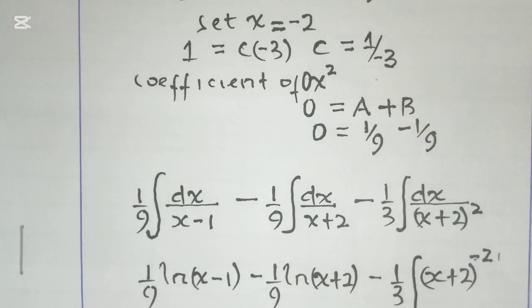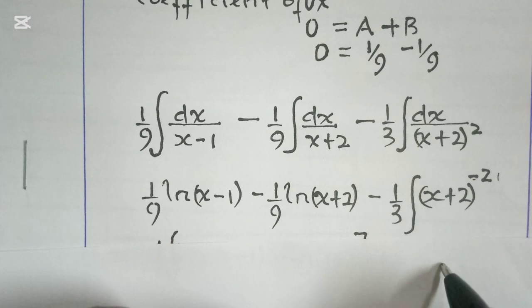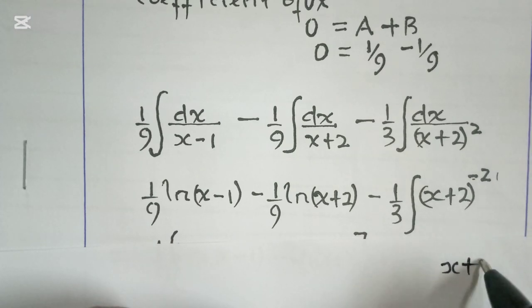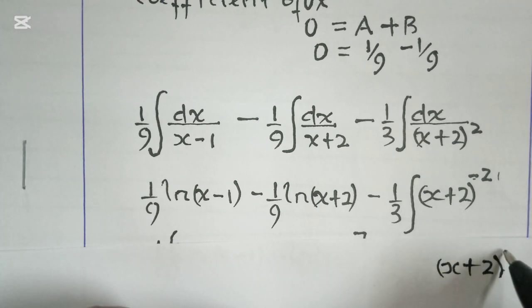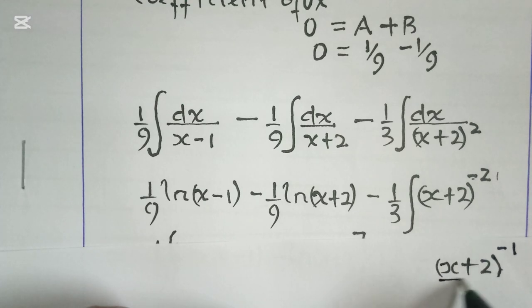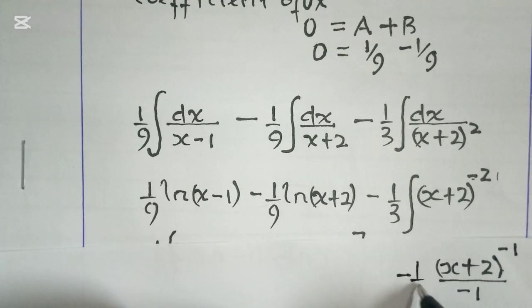Guys, I hope you understand that. Maybe I can explain a bit what I mean. So this is what I mean, guys. This one is going to be x plus 2. When you integrate, you'll have minus 2 plus 1, you get negative 1, all over negative 1 there, and still you have negative 1 over 3.